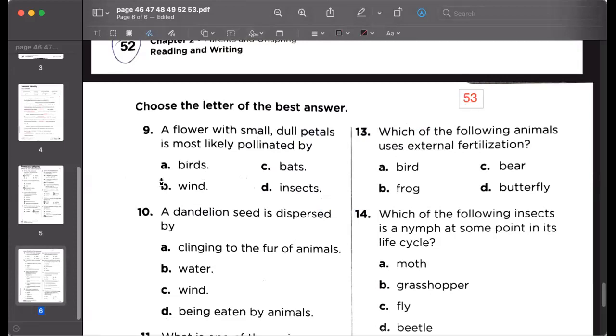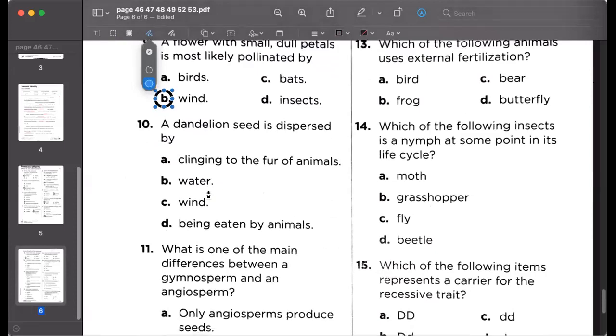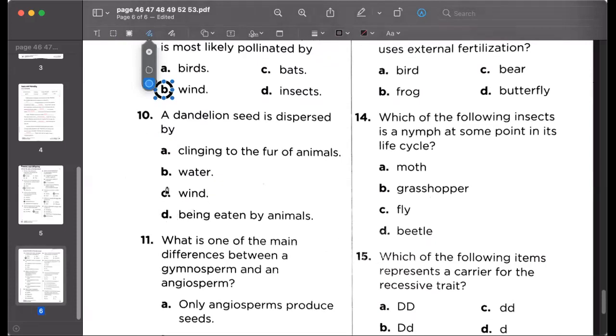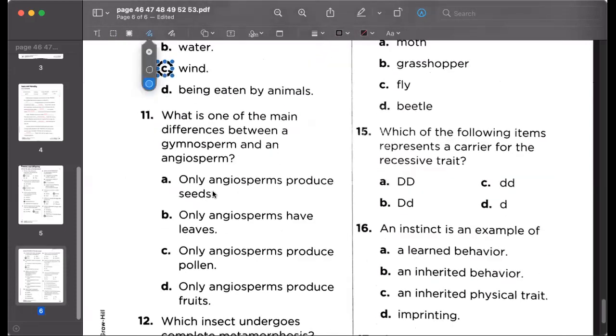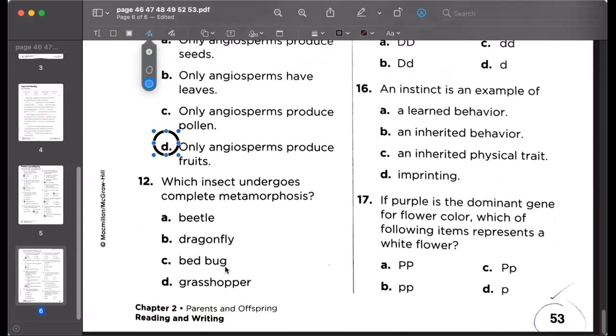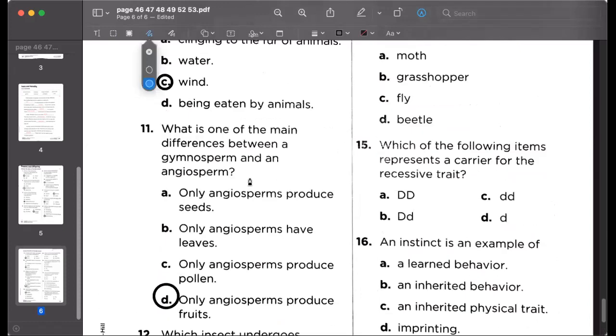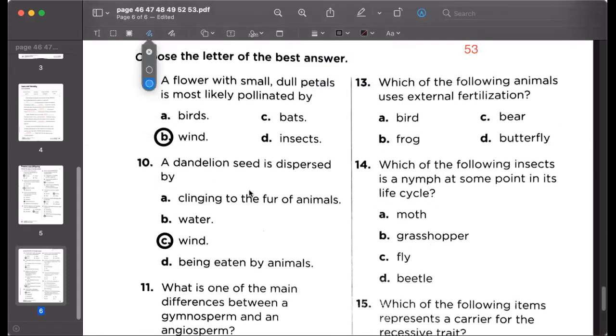So the best option is here, B. Now number 10, that is C. Number 11, again D. Number 12, A. Number 13, the correct one is B.